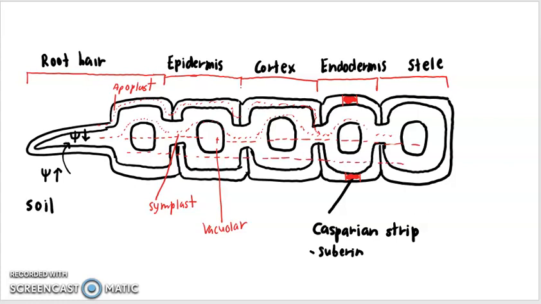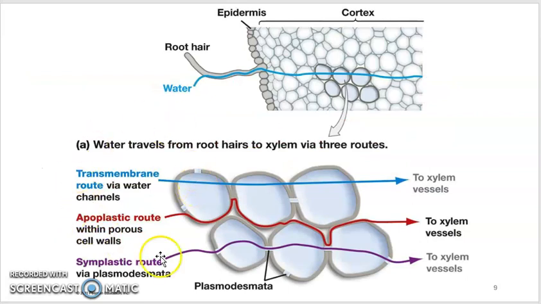The last one is the transmembrane pathway. So this is the concept of transportation of water and mineral ions into the xylem. You must take note of this. So this is the transmembrane pathway.